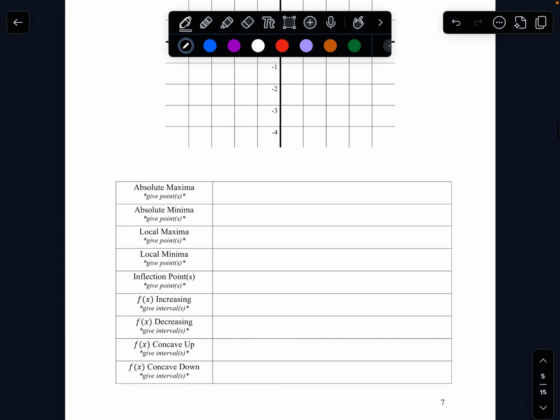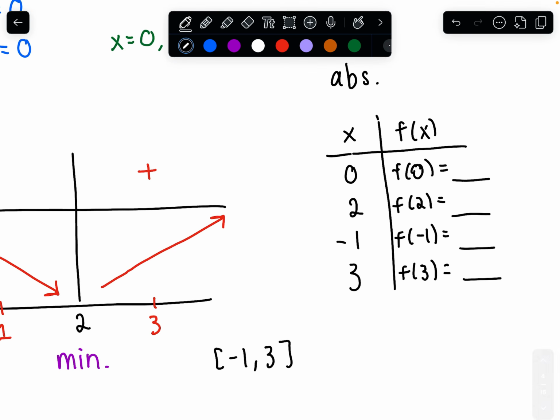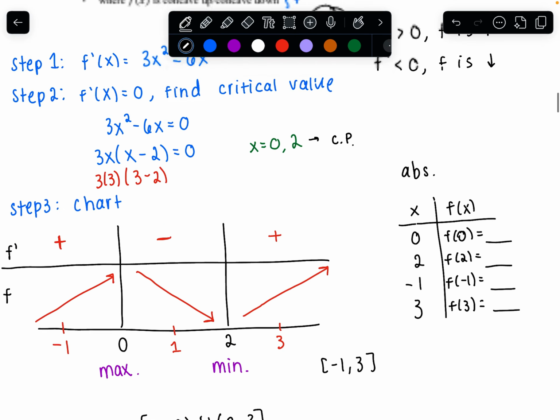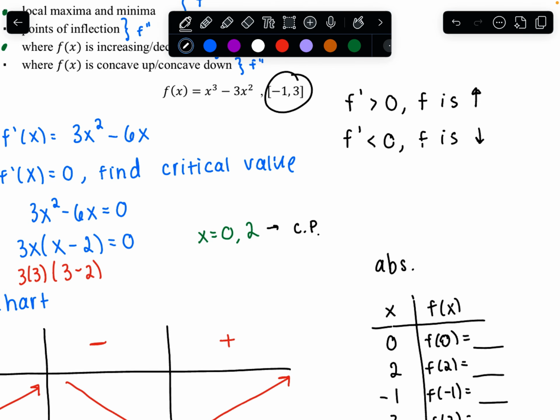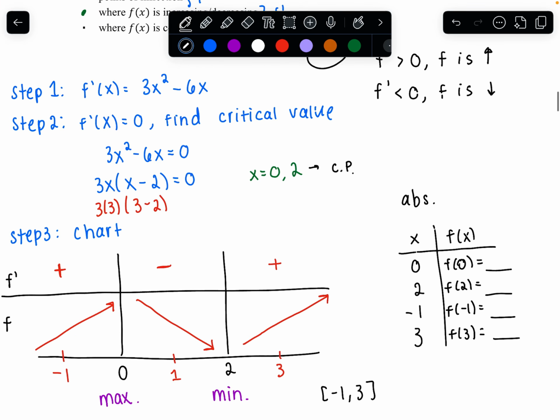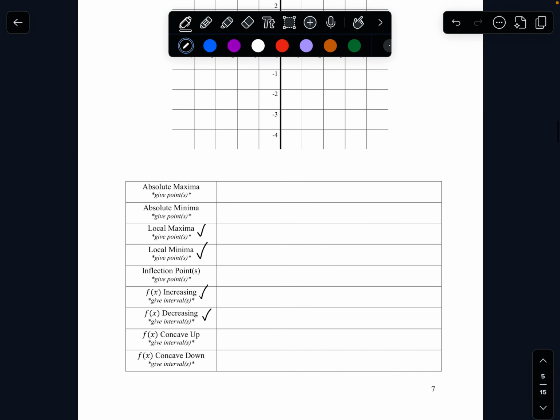So we got increase, we got decrease, we got local max, we got local min, and then you can tell me what the absolute min and max are from plugging this into your calculator. I say that, but you can't use your calculator on the test, so that's your problem. Okay, cool.